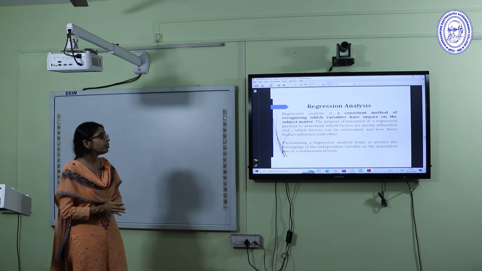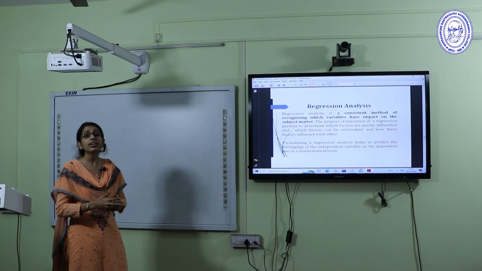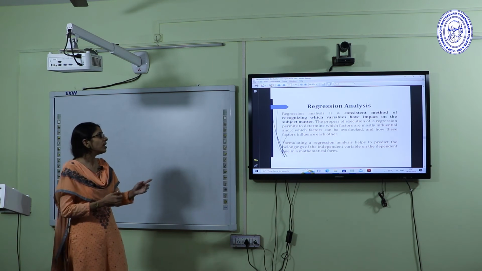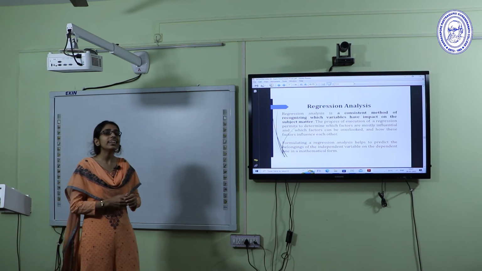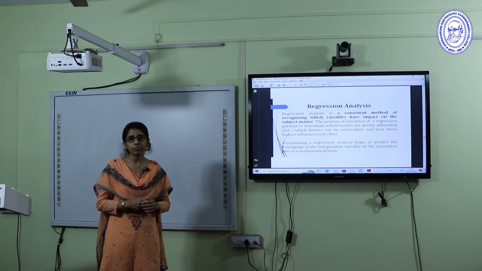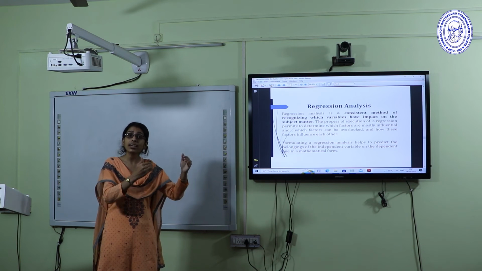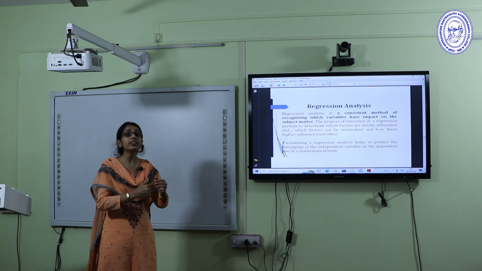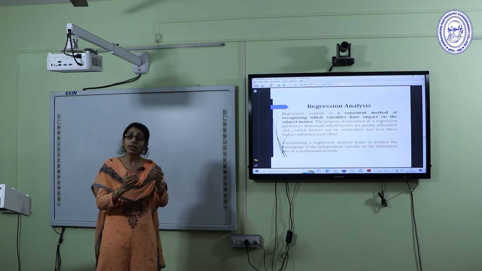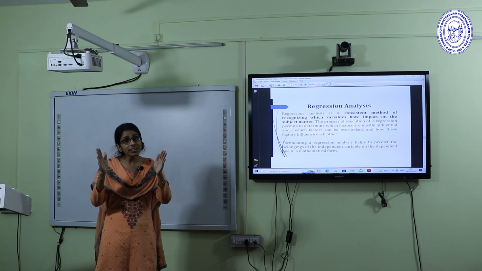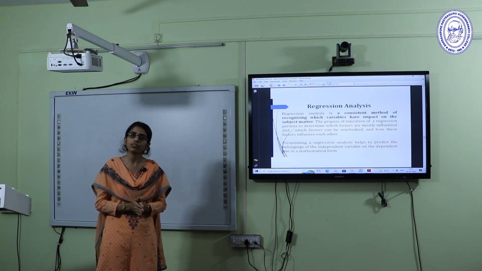Formulating a regression analysis helps to predict or determine the relationship of the independent and dependent variables. That means in correlation analysis you study the nature of the relationship, while regression depicts the mathematical form, the quantitative extent of that relationship.